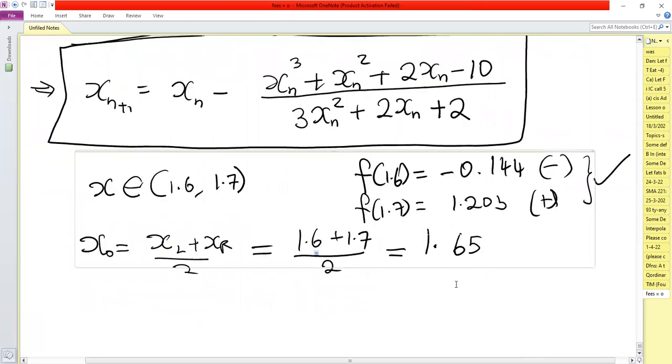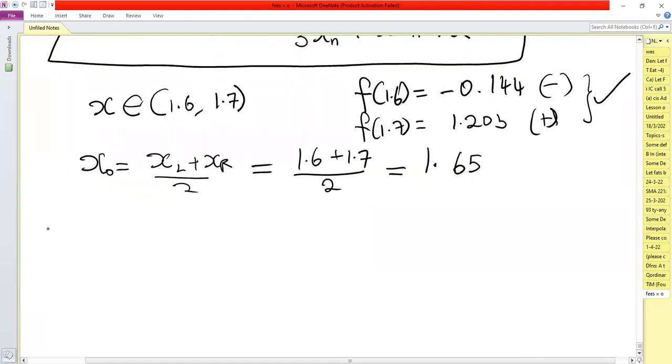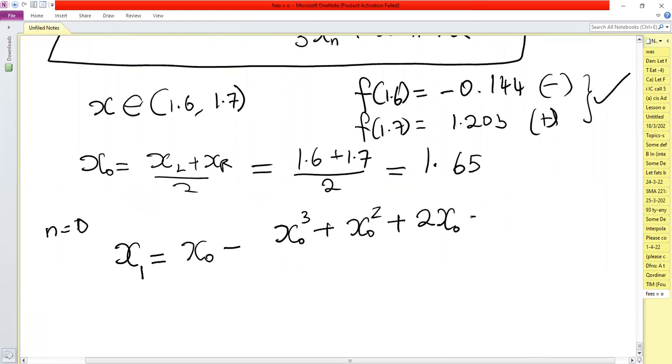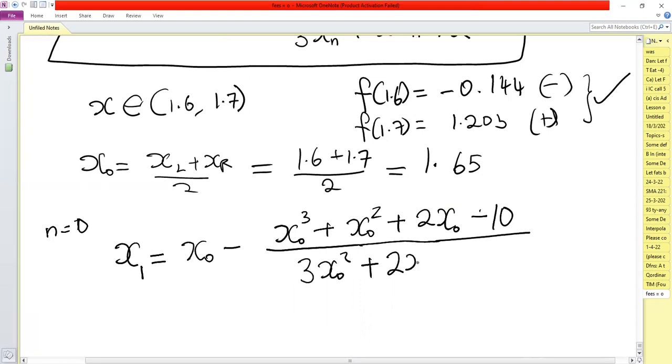So therefore, when n equals 0, we'll have x_1 given by x naught minus x naught cubed plus x naught squared plus 2x naught minus 10, divided by 3x naught squared plus 2x naught plus 2.